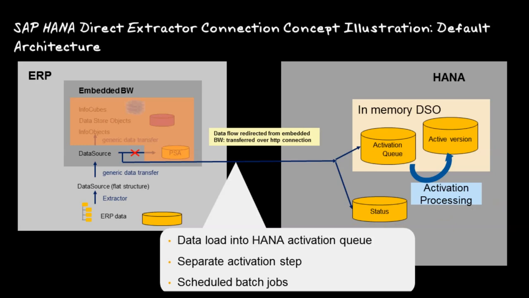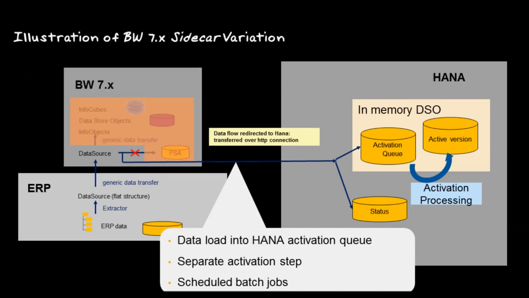DXC has three variations. The first one is the default architecture, which uses the embedded BW system within the SAP business systems. An example would be an embedded BW in the SAP ERP system. The second variation is the sidecar option.